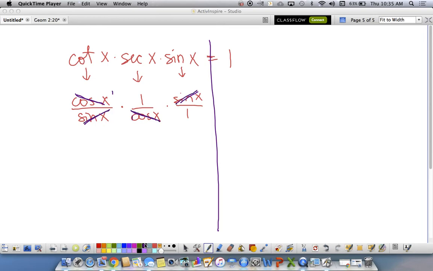Sine divided by sine is 1. So what do we have left? 1. Does 1 equal 1? Yes. Don't make it more complicated than it has to be.